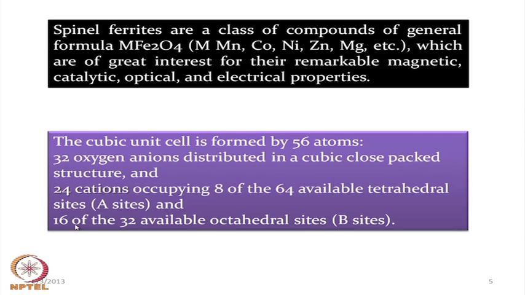So, we can have the arrangement for B and the arrangement for A. This is the MA site and these are the MB sites, which are double in number. So, 8 and 16 are there, and we have 32 oxygen atoms. Altogether, matching the formula, which is MA2 MB2 O4, it is 8 for the A site, 16 for the B site and 32 for the oxide anions.